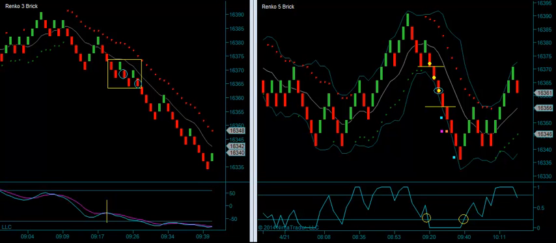But when we get the counter brick on the band reject with the extreme breaking back above the lower line, we will go long at the yellow dot. Again, the intended entry is the high of the brick. Okay?